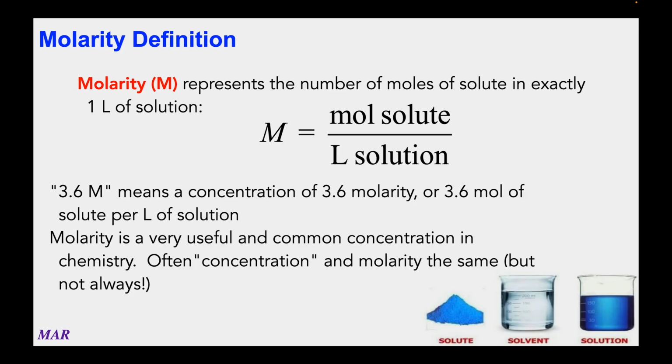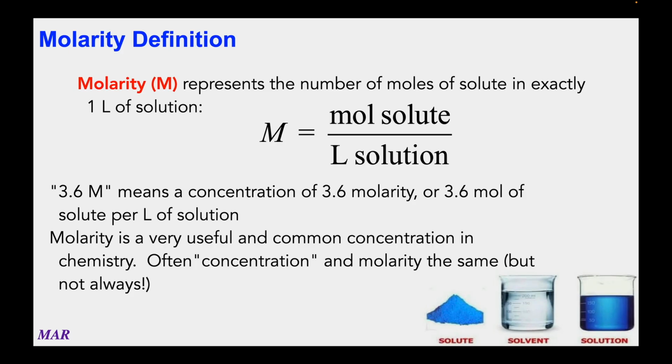The most common way to describe the concentration of your solution is through something called molarity. And molarity, which gets the capital M, is the king of all the concentration units. And we'll look at other concentration units, but molarity is the one we'll use most of all. So molarity, big M, is the moles of solute, the exciting thing in your solution, divided by the liters of solution.